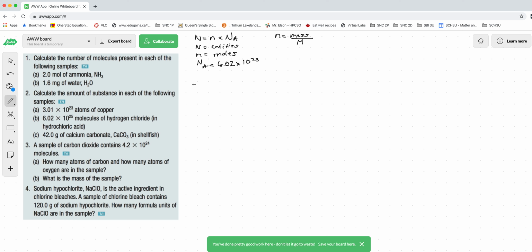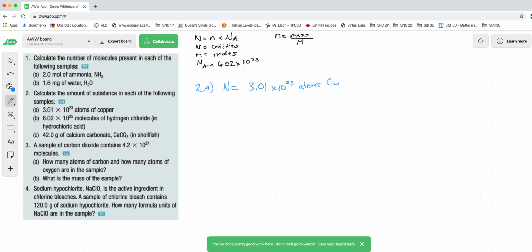So 2A gives me atoms. So that is big N. That is the number of entities. The entity happens to be an atom. I have a 3.01 times 10 to the 23 amount of atoms of copper.